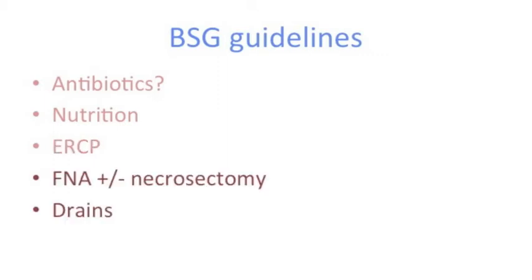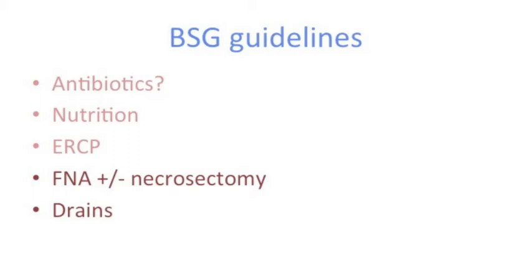And if there is evidence of significant pancreatic necrosis, for example on CT, then a fine needle aspiration to then send this to the microbiology lab to see if there's any evidence of infection can be done.